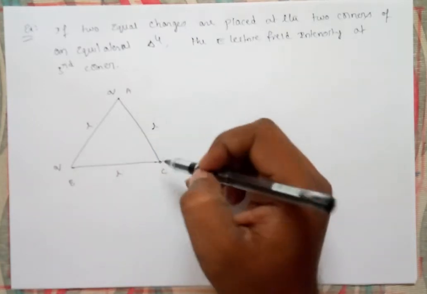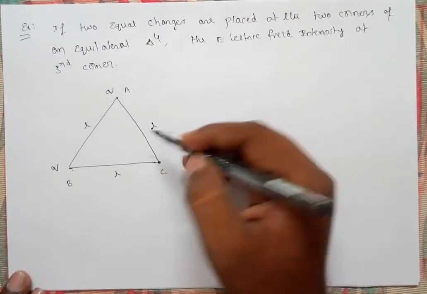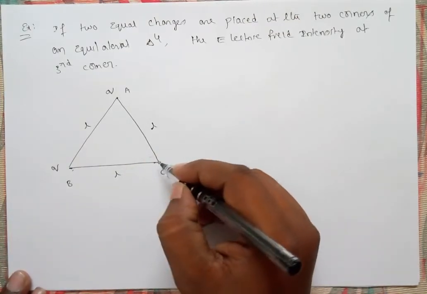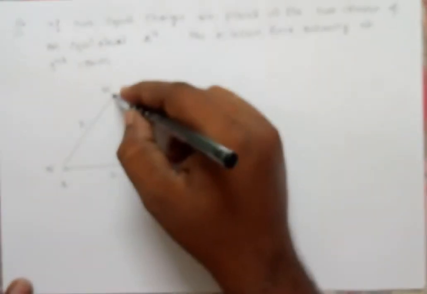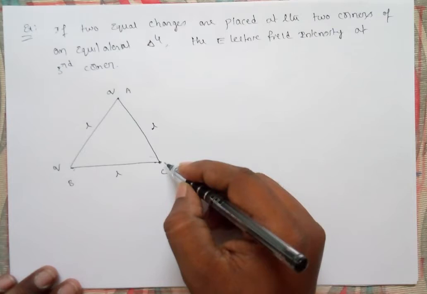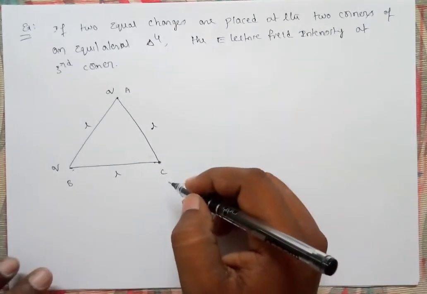Because of these two charges, what is the electric field intensity? Let us use the same cases we discussed in force. Due to these two charges, what is the direction of the electric field intensity? First you have to discuss it, and later we have to find the resultant of those two electric field intensities.